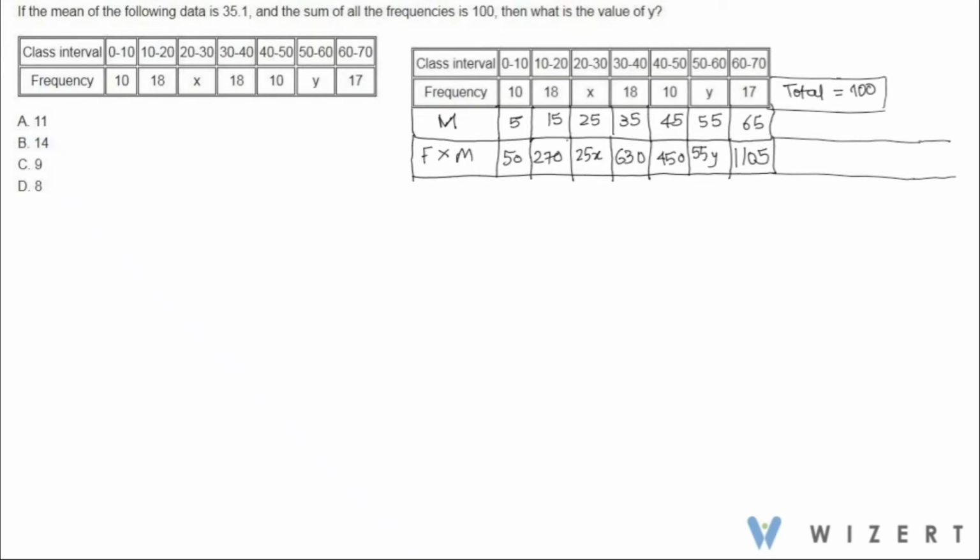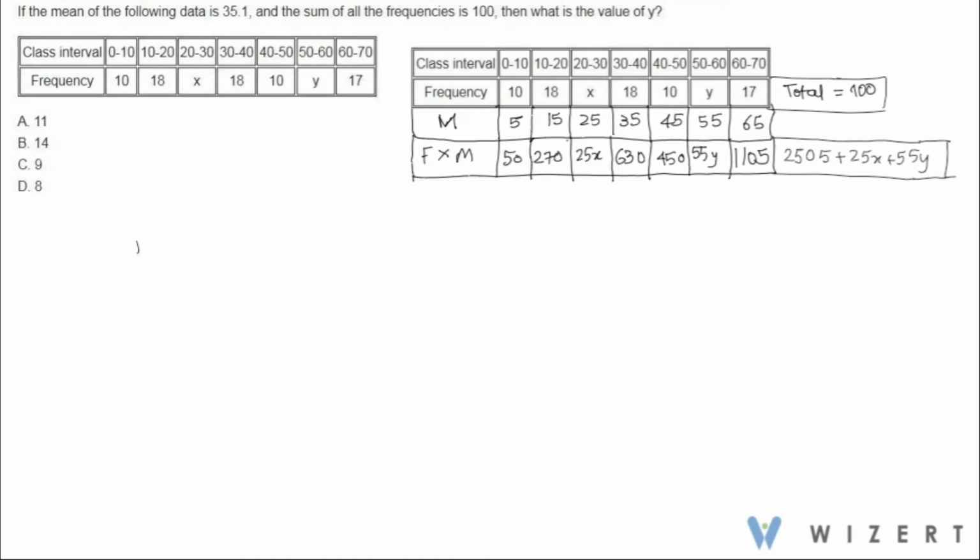Now 1400 plus 1105 will be 2505. So we have 2505 plus 25x plus 55y. This is the total of all the multiplications, frequency multiplied by midpoints.